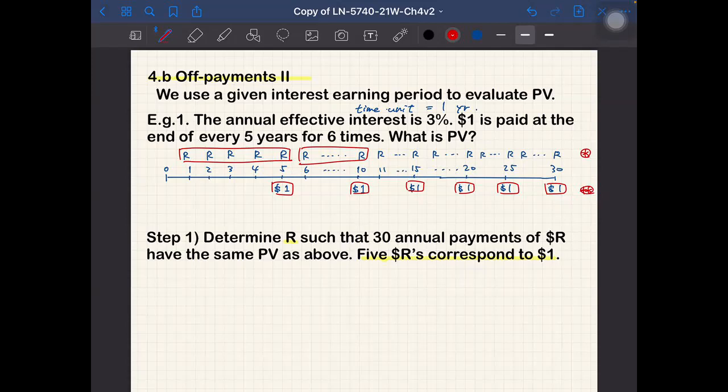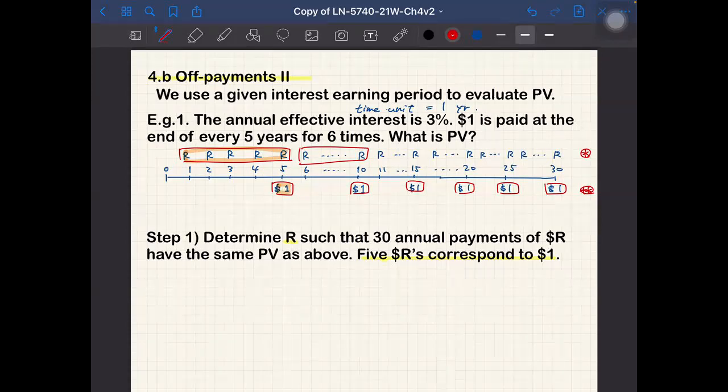So step 1, determine R such that the 30 annual payments of R have the same present value as these 6 payments of $1. So 5 payments of R corresponds to this 1 payment of $1. How to calculate this? This can be done with the formula of the accumulated value of annuity immediate.